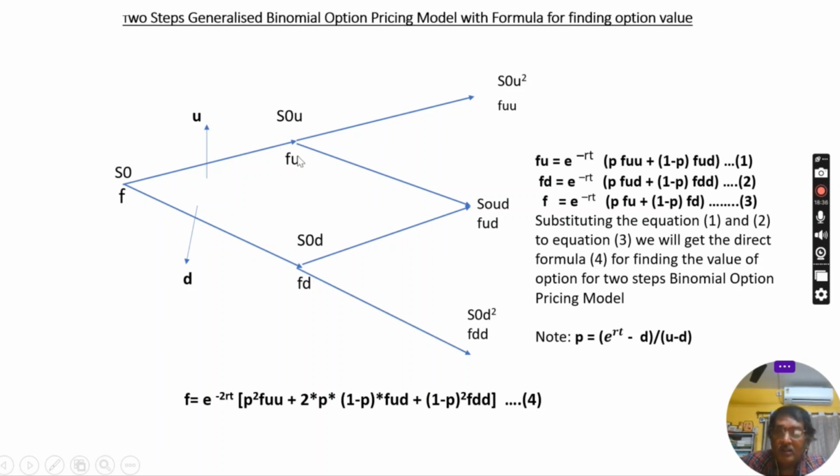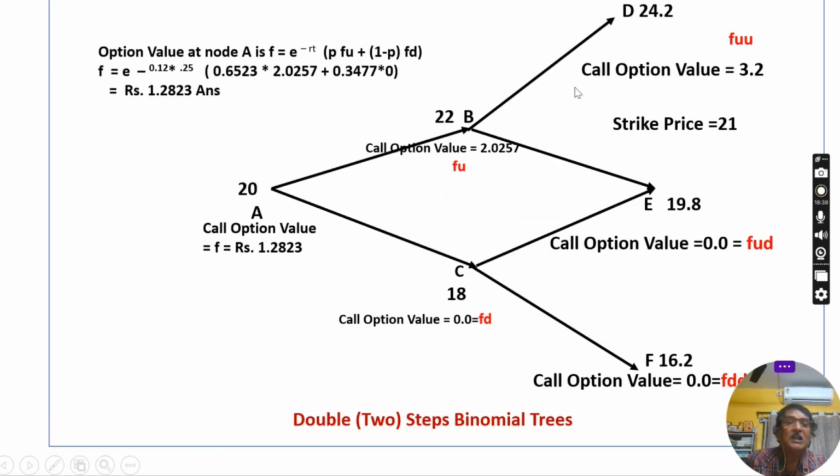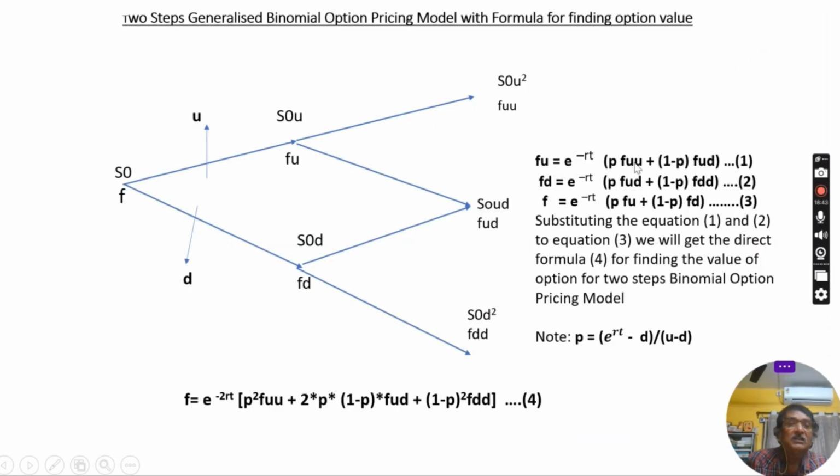That I have already just now discussed in the previous slide, how you have calculated with this formula. That is done here. It is a generalized form only. This is the two-step generalized binomial option pricing model, and with the help of this formula you can find out the option value directly.